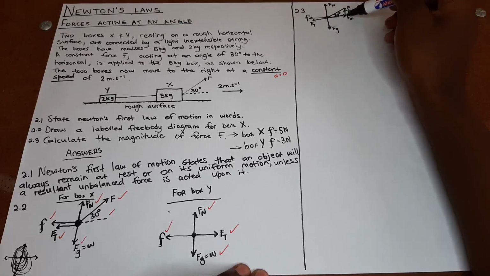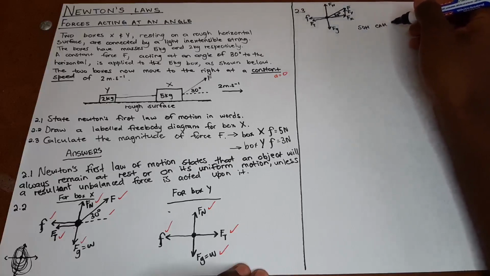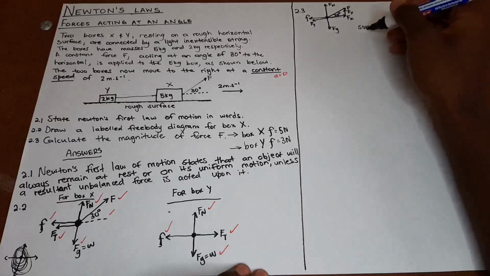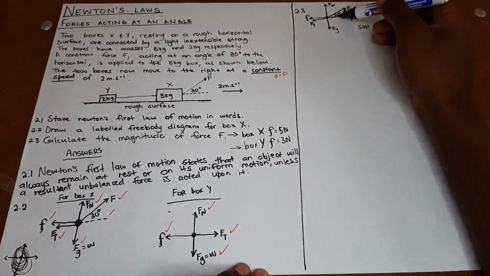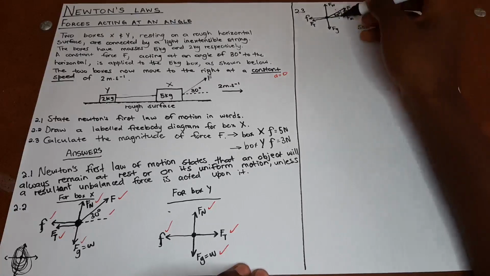Our angle is between the adjacent side and the opposite side, meaning we use SOHCAHTOA.